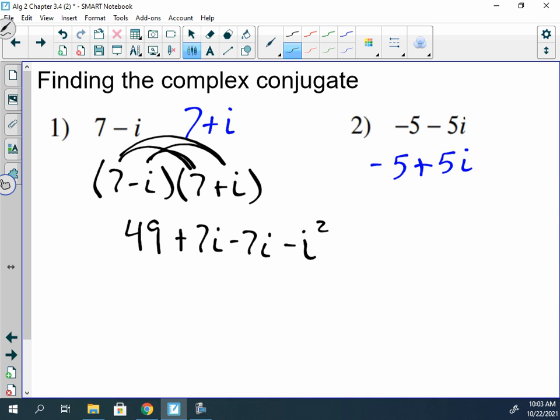Now, what did we say i squared was? i squared is negative 1. Now, we can mark it out and just say plus 1, because the negative and negative make a positive, and we just have 1. So really this here is just plus 1.